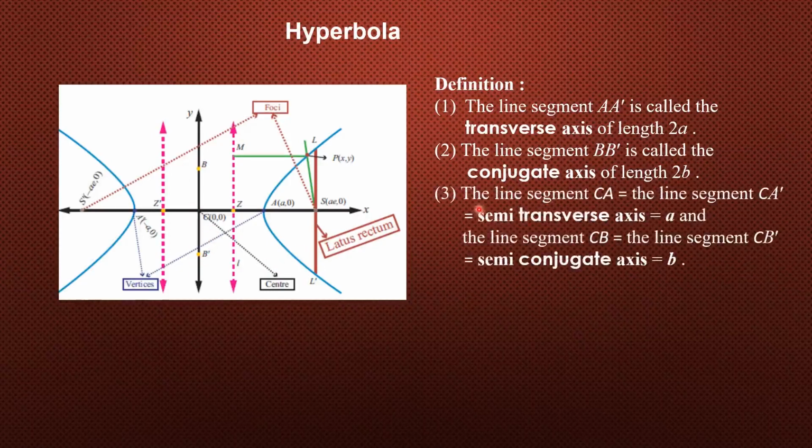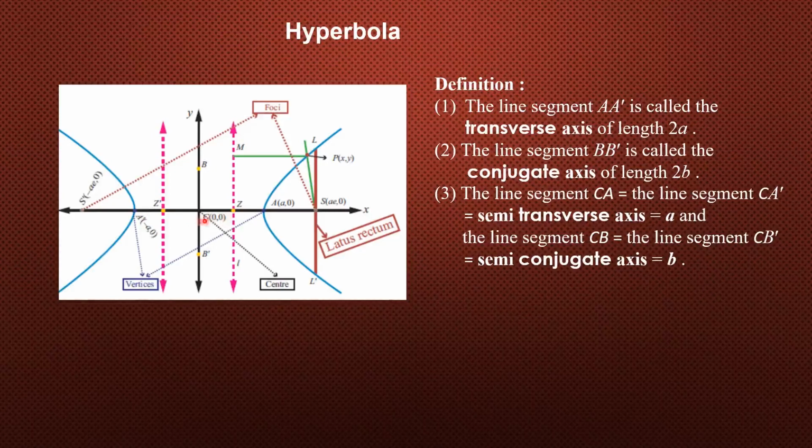Third one is the line segment CA, that is from C to A. This value is equal to the line segment CA'. Both are equal, so C is the midpoint. The distance from C to A or C to A' is called the semi-transverse axis.